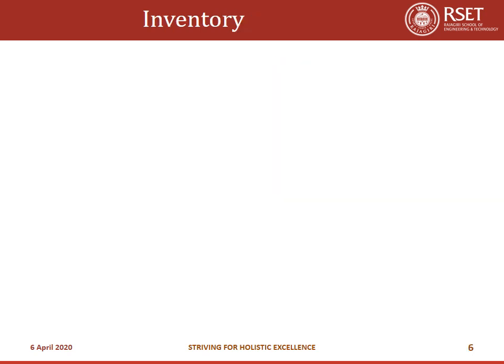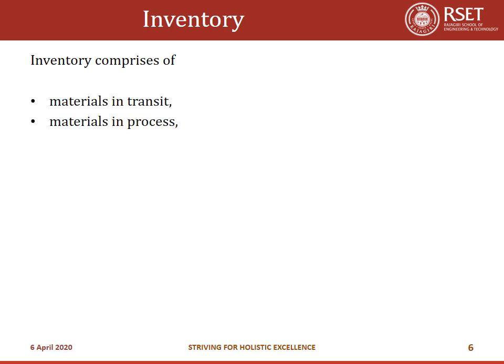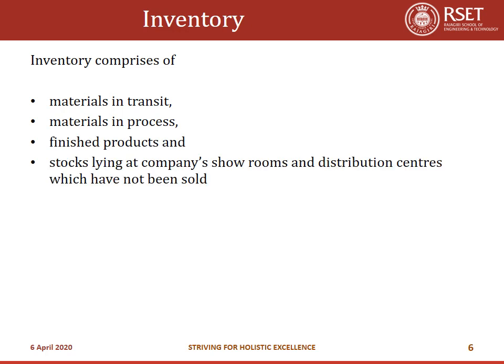Now we come to another very important topic in materials management, which is inventory. For many of you, you might have heard it in places, but you might not exactly know what inventory is. Inventory comprises materials in transit, materials in process, finished products, and stocks lying in companies' showrooms and distribution centers which have not been sold.